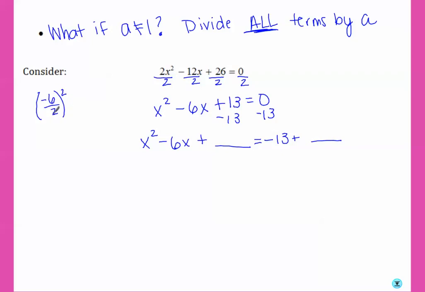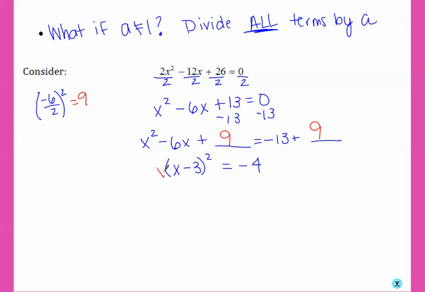Negative 6 divided by 2 is negative 3. Squared would be 9. Factor this, we'd have x minus 3 squared equals, simplify this side, we get negative 4.